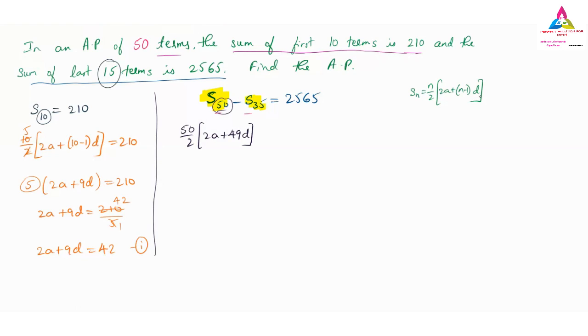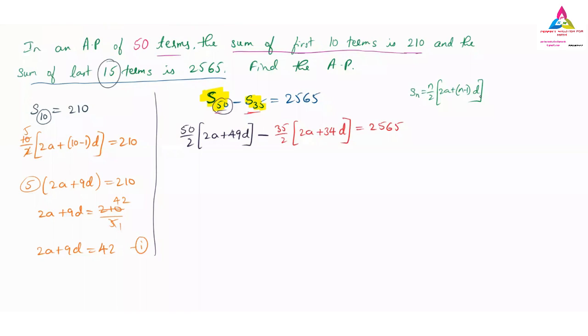Directly I have written minus. Next part is S35, that is 35 by 2 into 2a plus 34d, which is equal to 2565.